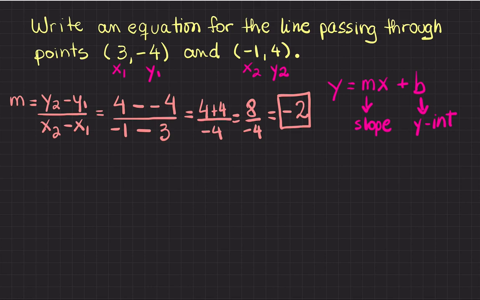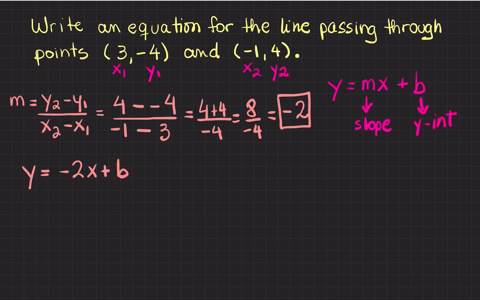Now that I know my slope is -2, I'm going to plug it in where the slope is. So far I have at least half of my equation of the line with the slope, but I still need to find b, which is the y-intercept.